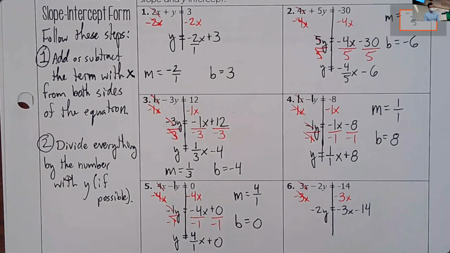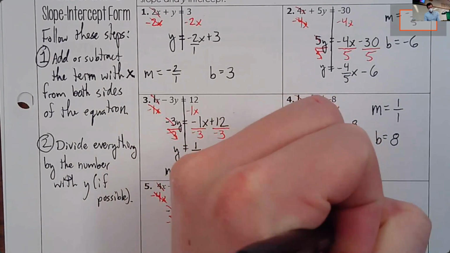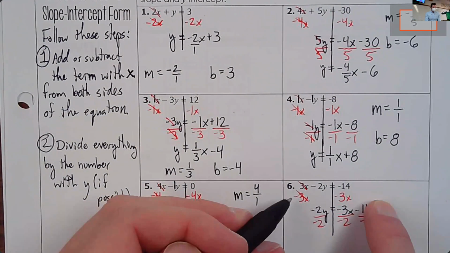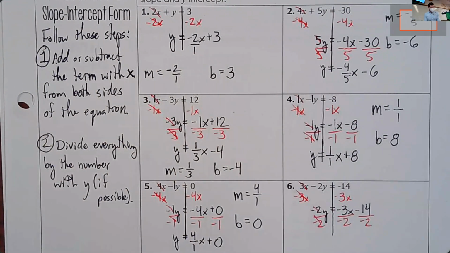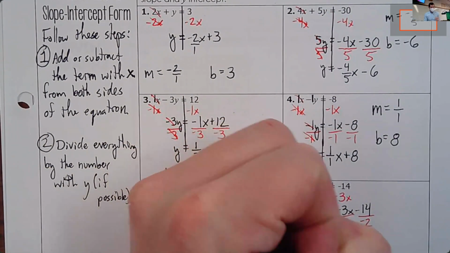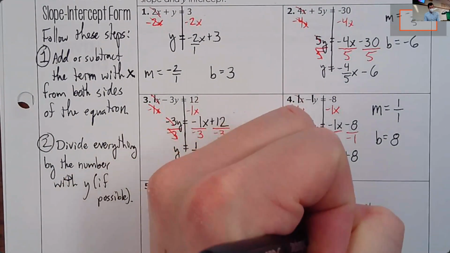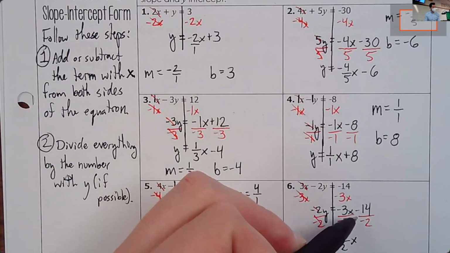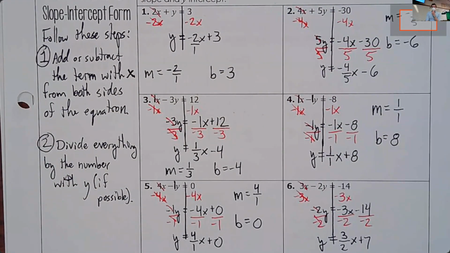Negative 2. Good. So the number with y is negative 2. Divide everything by that number. So we've taken away the 3x. Step 1, divide everything by negative 2. Step 2, negative 2's cancel out on the left, which gives us y equals negative over a negative is always a positive. 3 over 2 doesn't reduce, so that's just 3 over 2x. And then a negative 14 divided by a negative 2 is a positive 7. So y equals 3 over 2x plus 7.